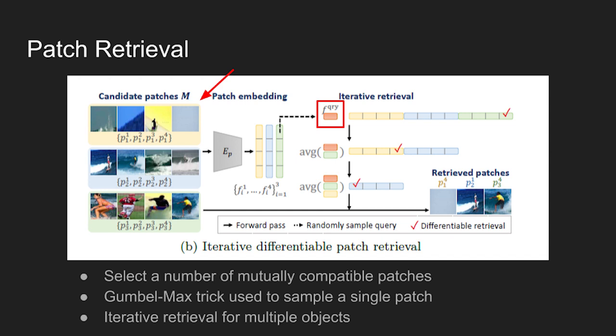The proposed architecture is differentiable, thus it enables training the retrieval process, maximizing the mutual compatibility of the selected patches. For more details of the process, I suggest reading the paper in detail.